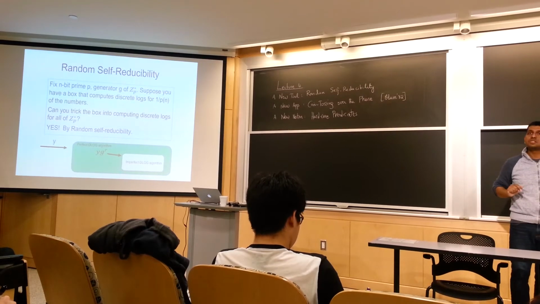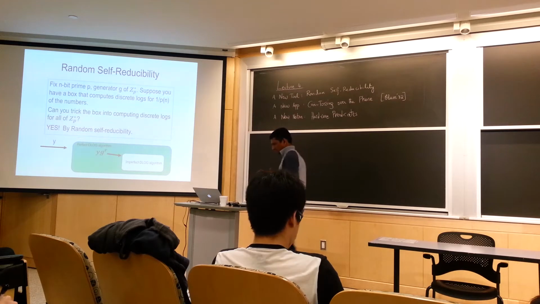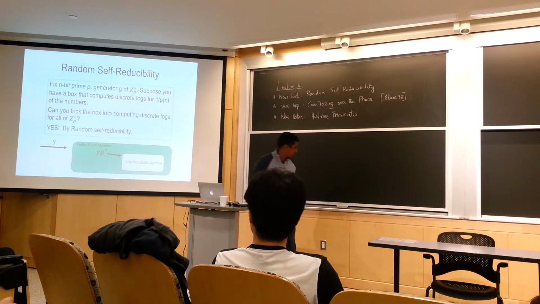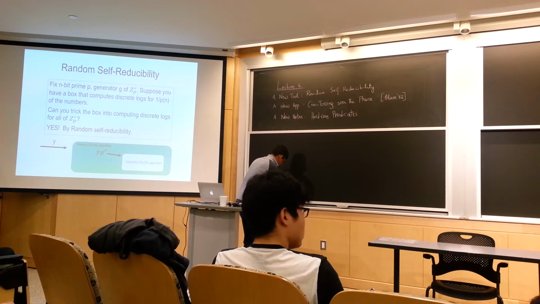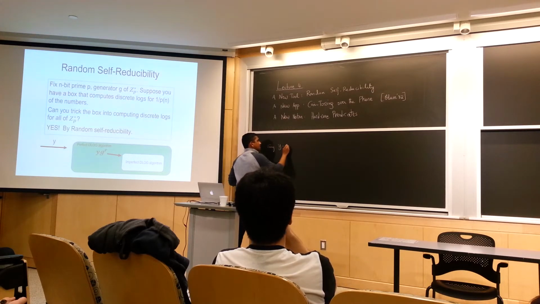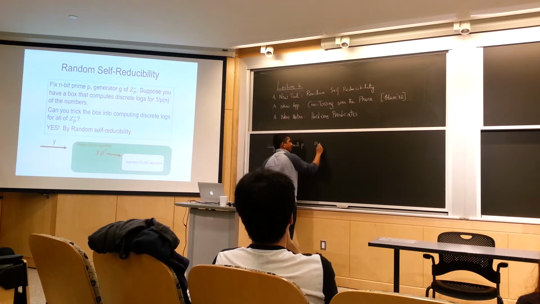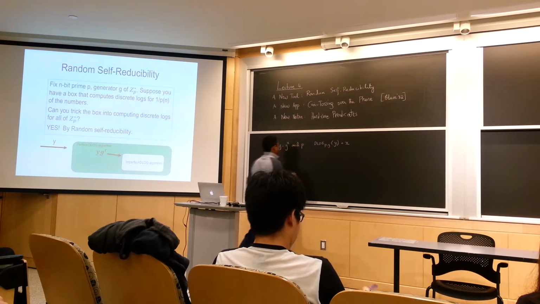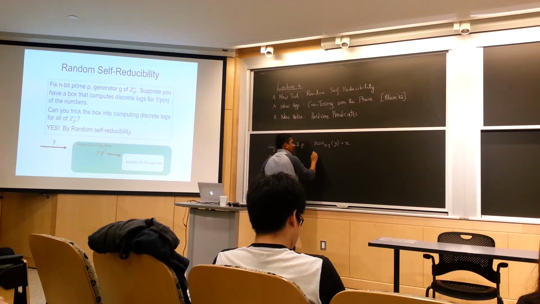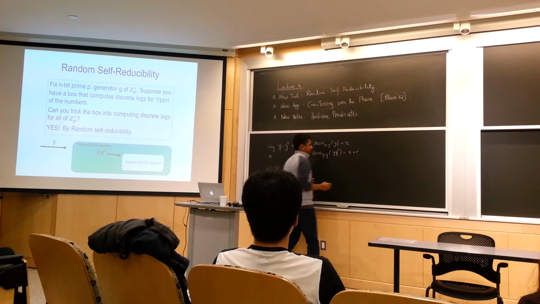Let's say y is g to the x mod p. So the discrete log base g of y equals x. Then the discrete log base g of y times g to the r is simply x plus r.